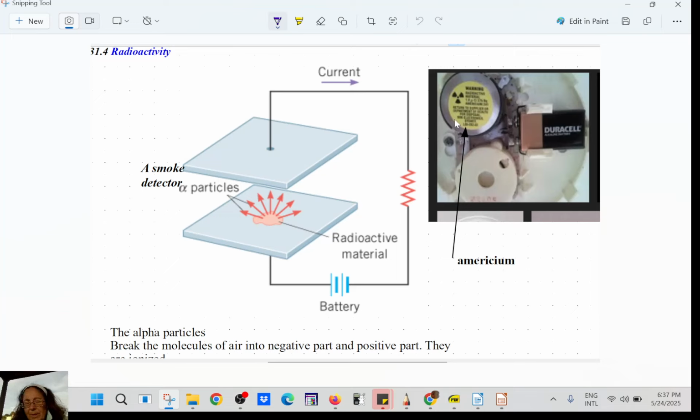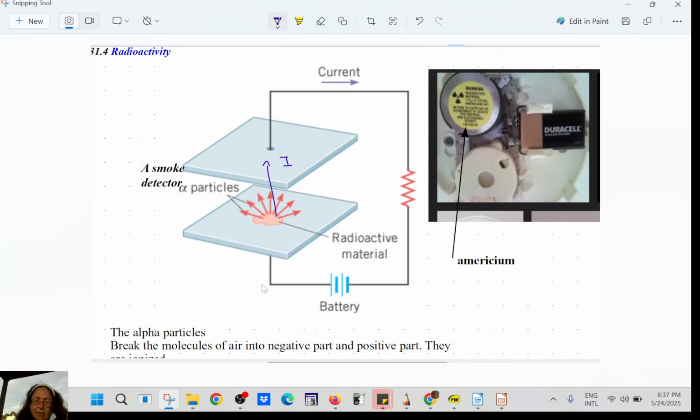You see, this is the americium, which is an alpha emitter. And here you place your piece of americium, and the alpha emitter is going to ionize the air in between the electrodes, so electricity can flow. So electricity will be able to flow and nothing happens.